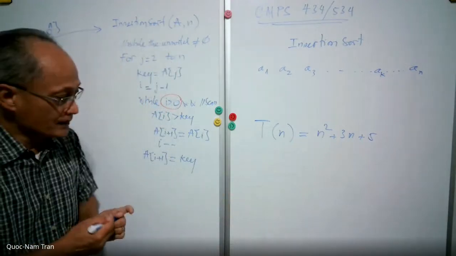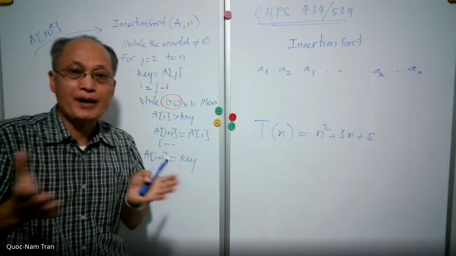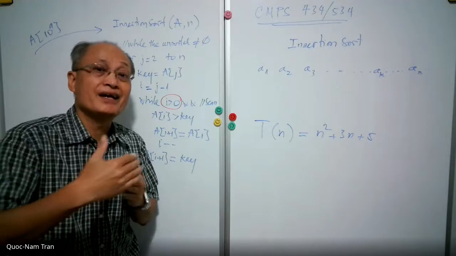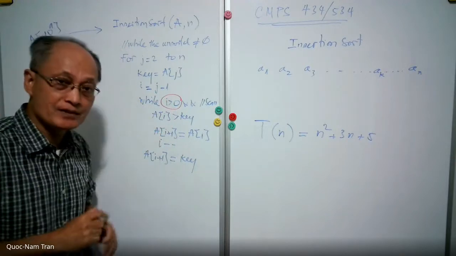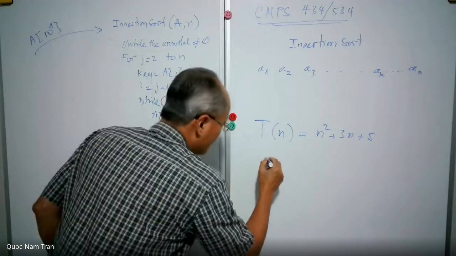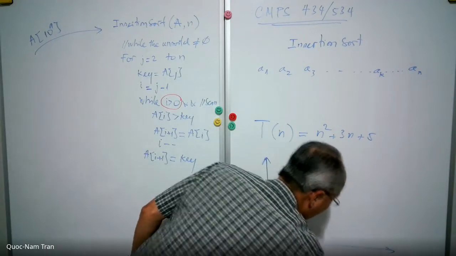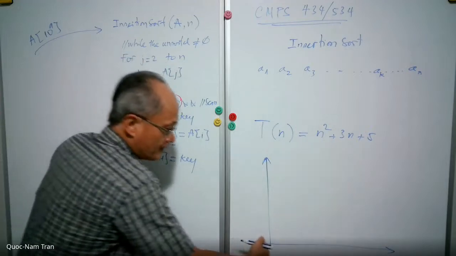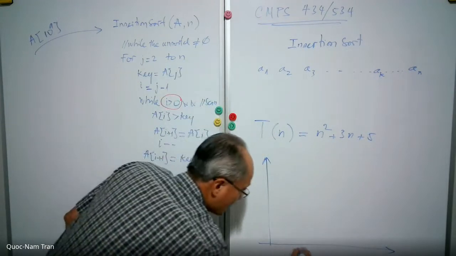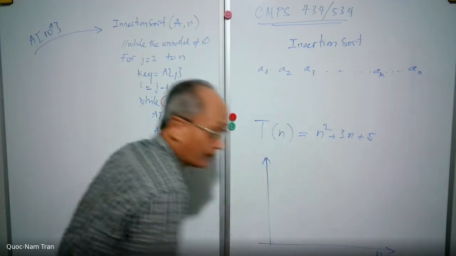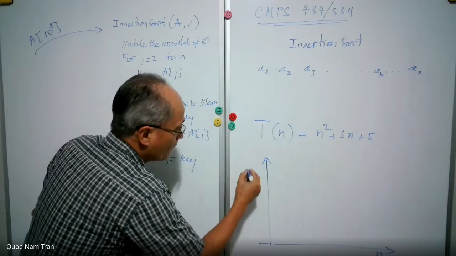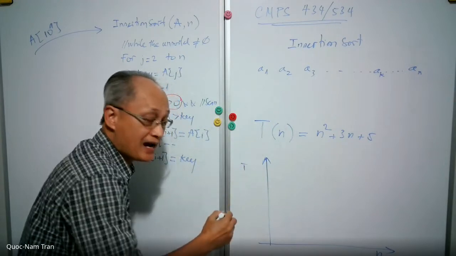And if we can do that, then we can predict how long this algorithm will take by plotting the graph here. In this direction, we have the size of the input, and in this direction, we have the running time, okay?